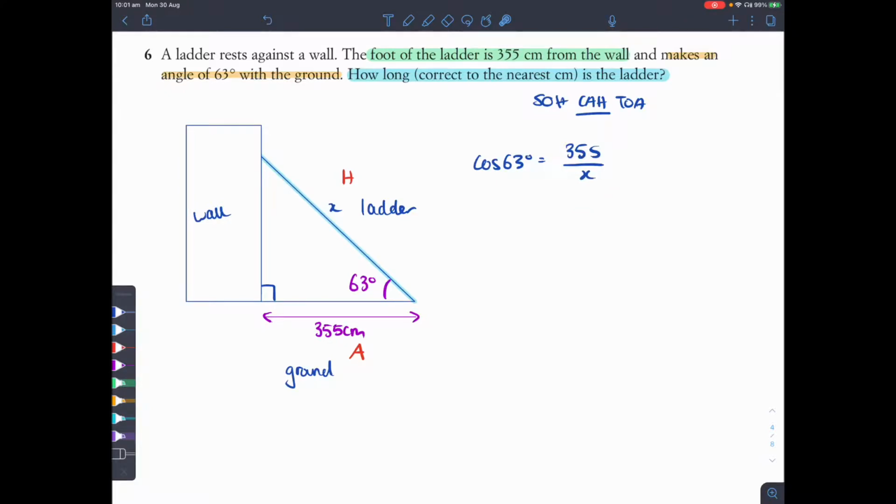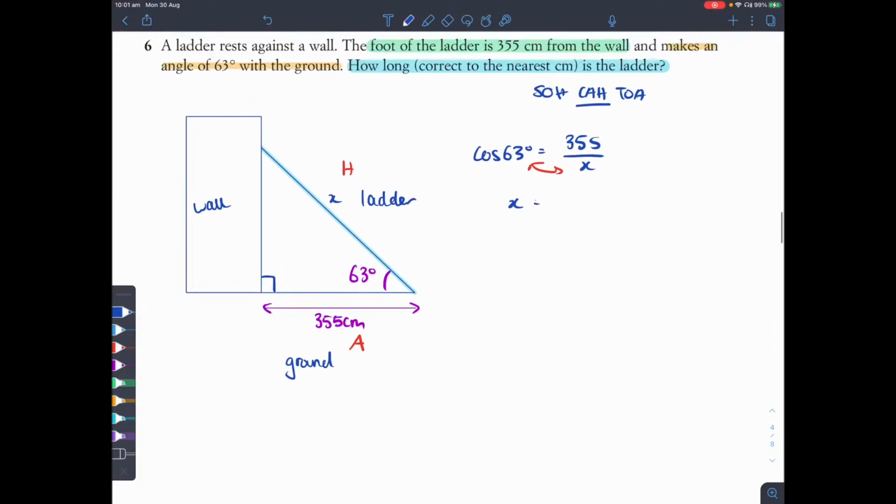So we should switch this around with the terms on the other side. So if I switch this around, x would equal 355 over cosine of 63.